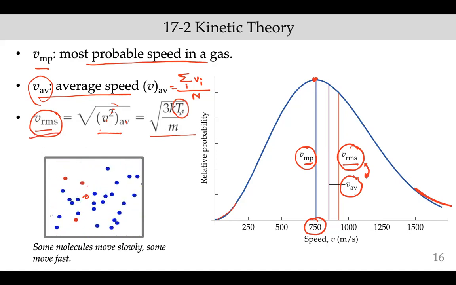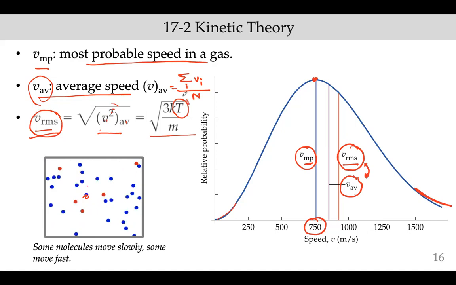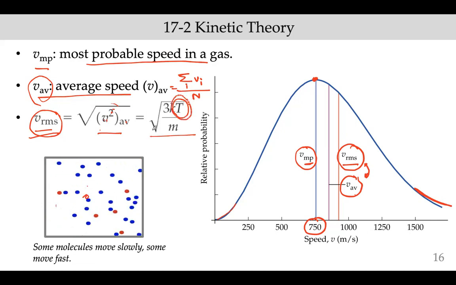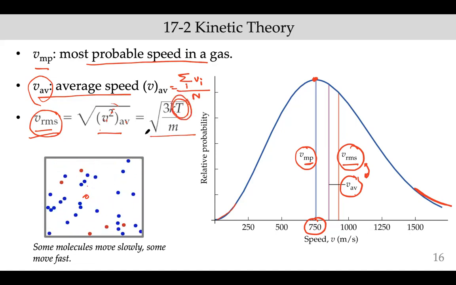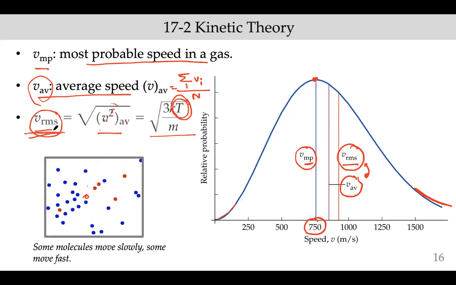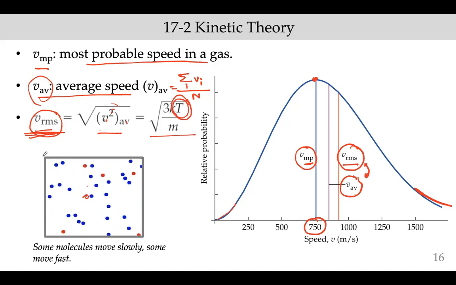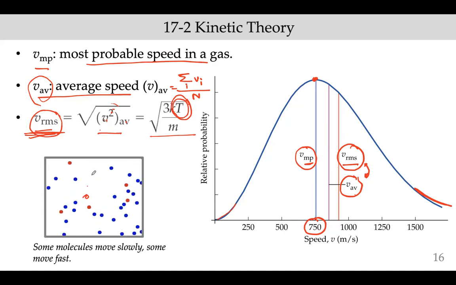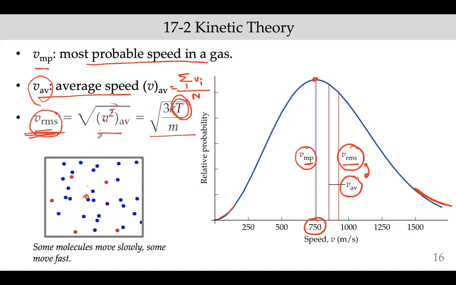What we do here is use a macroscopic quantity, temperature, from thermodynamics, to calculate a microscopic quantity, which is the RMS speed of the particles.